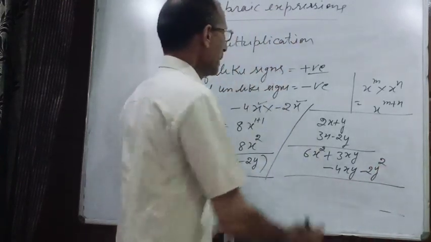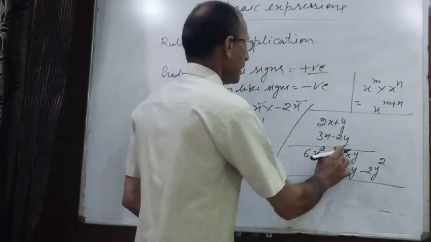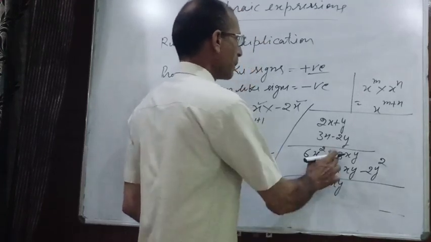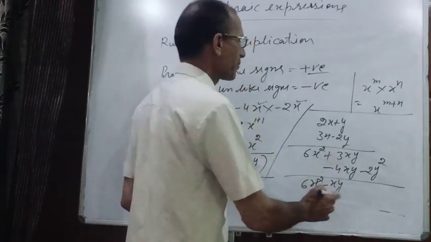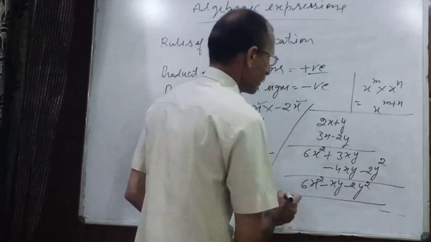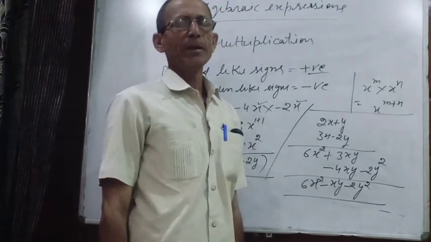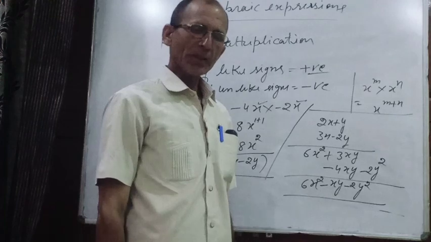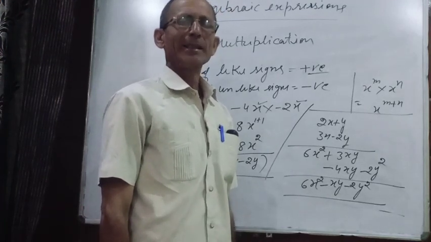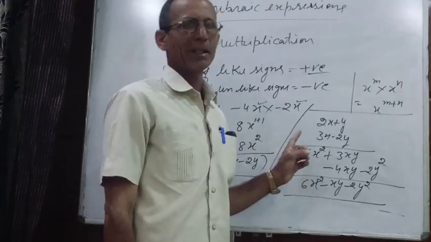So see, 6x square plus 3xy minus 4xy minus 2y square, which is 6x square minus xy minus 2y square. So this is the result. So these are the rules of multiplication. For today only this. Tomorrow we will discuss the next exercise. You have to try yourself, and exercise 5.1 you have to do.